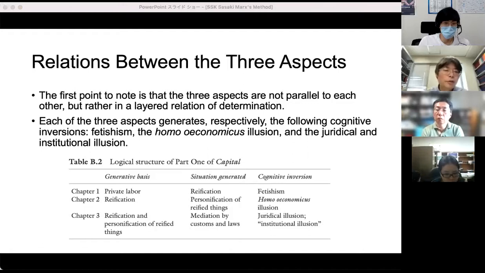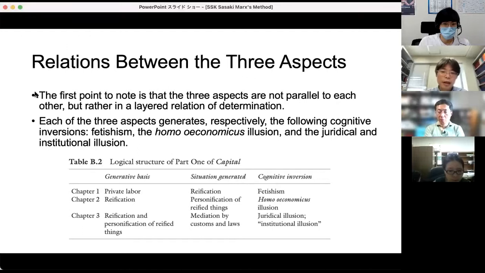Finally, I want to explain relations between the three aspects. There are two important points. First, the three aspects are not parallel to each other, but rather in a layered relation of determination.